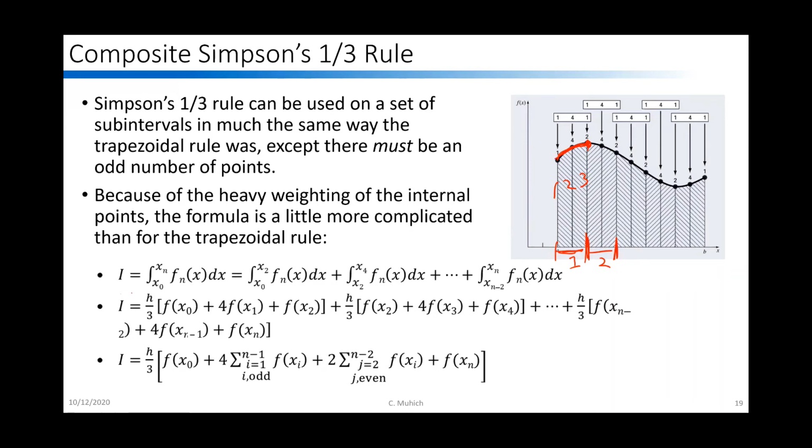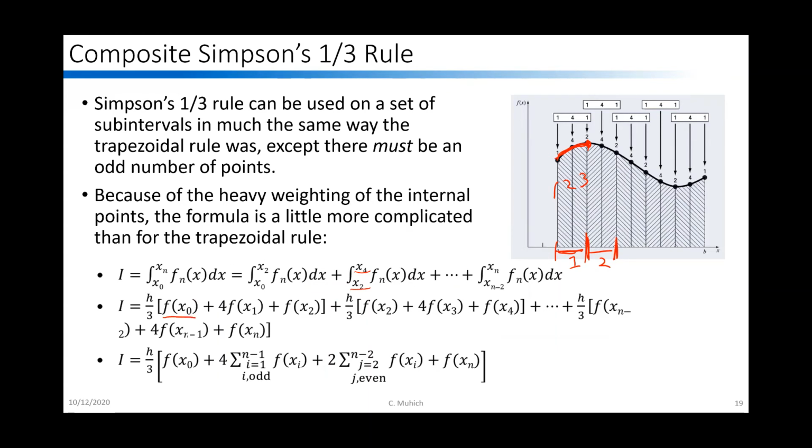So when I write out my equation for dividing this integral from 0 to n, I take the integral from x0 to x2 of f plus the integral from x2 to x4 of f, etc., etc. I can then use the Simpson's 1/3 rule equation to write out each of those pieces.